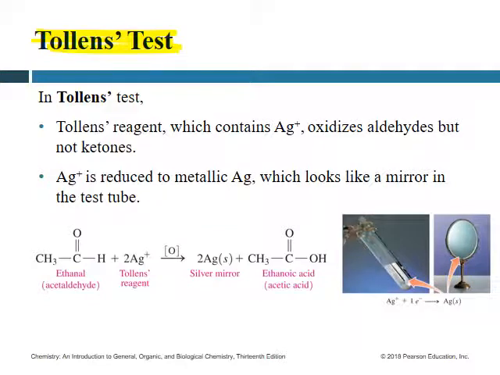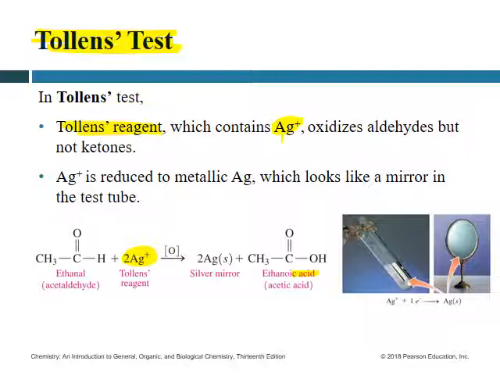So a Tollens test involves a reagent which is called Tollens reagent. This basically consists of silver ion. Silver ion is Ag+. So whenever any aldehyde reacts with silver ions, it is oxidized to produce an acid.